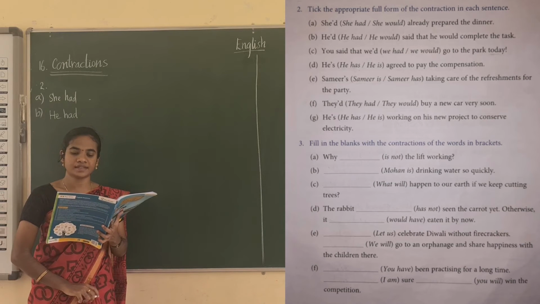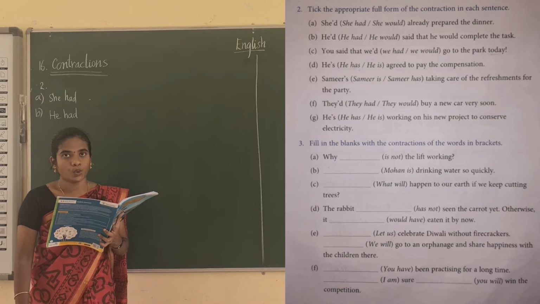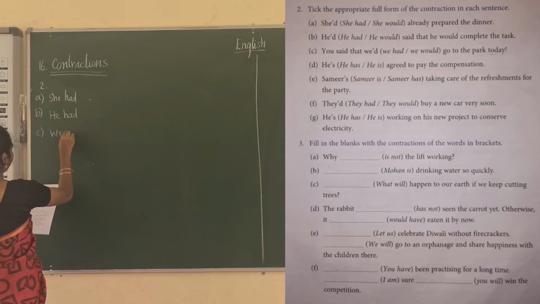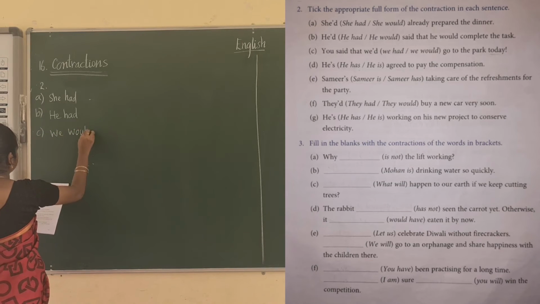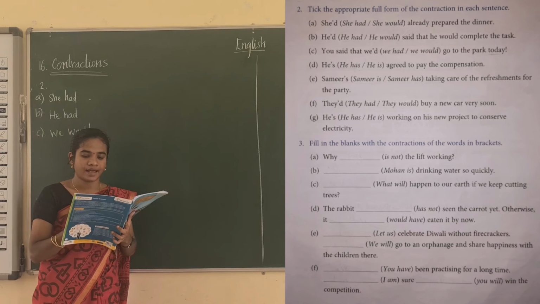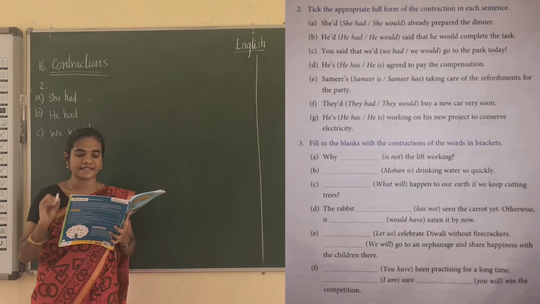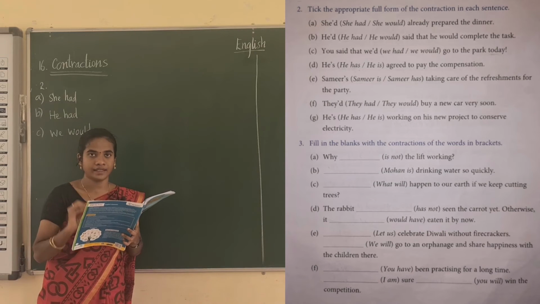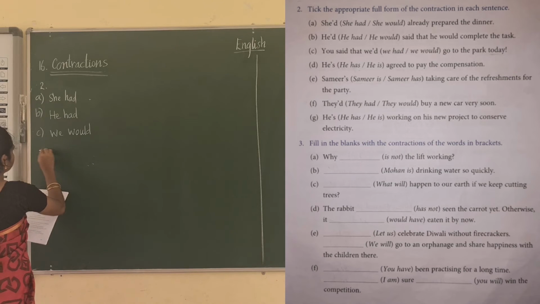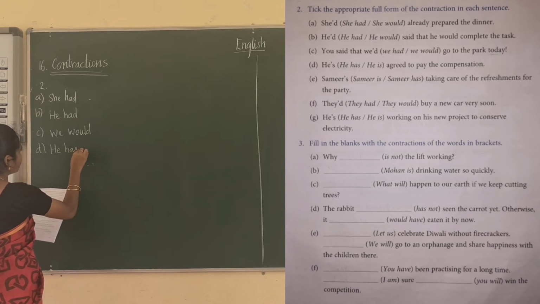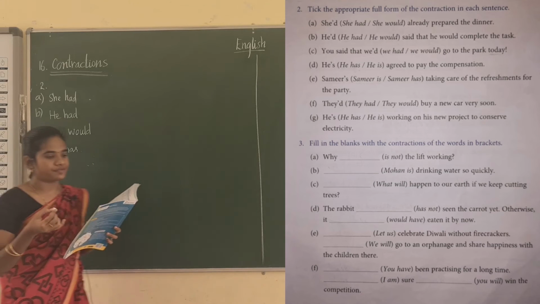What's the correct answer? We would. Okay, we would. See the next one: He's agreed to pay the compensation. So what's the correct one? He has. Okay, he has. Has comes for the present perfect tense.